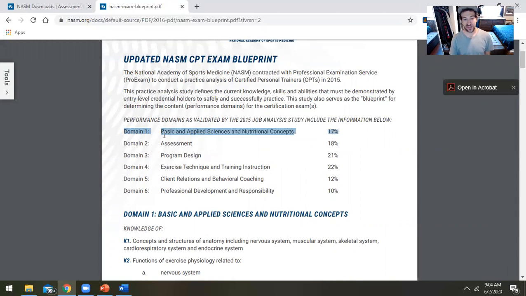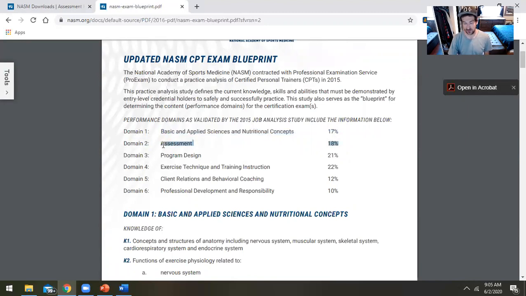That's chapters 2 through 5. Chapter 1 is an intro chapter, but it covers physiology, anatomy, bioenergetics, and also nutrition. So 17 of the 100 questions you have to answer to pass your test are related to that.